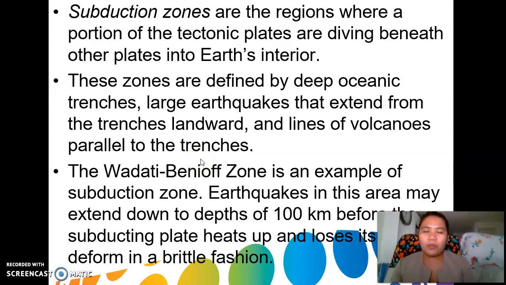So, as you will observe, most of the effects of this oceanic to oceanic convergence, one effect would be formation of trenches and of course lines of volcanoes. So these are actually a series of volcanoes parallel to the trenches.